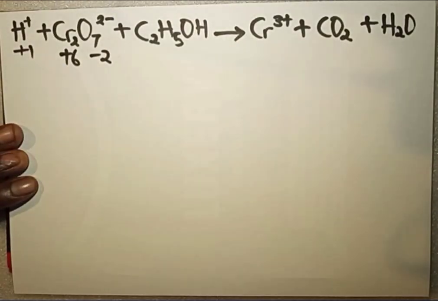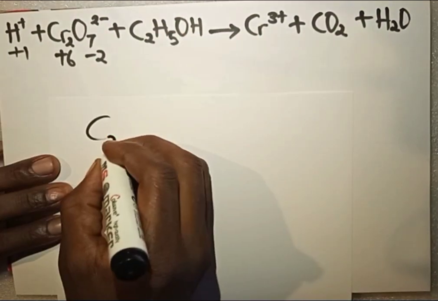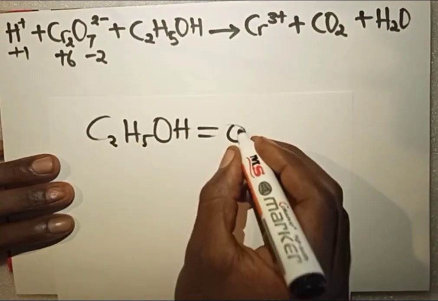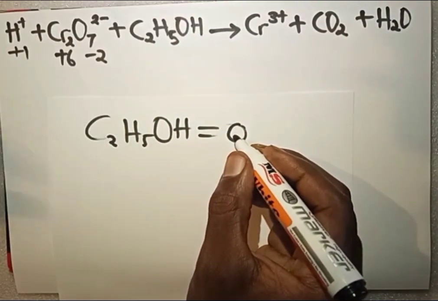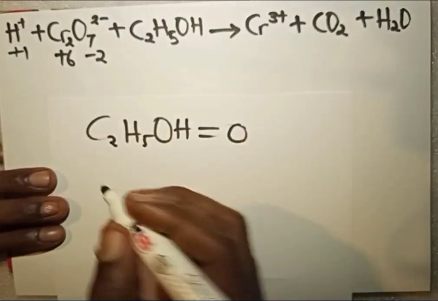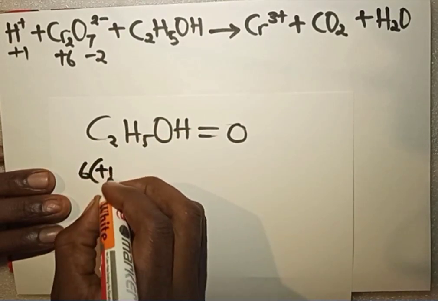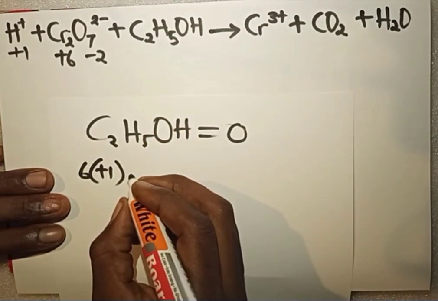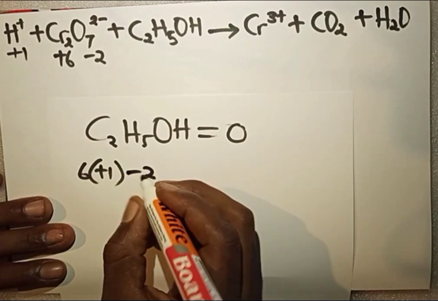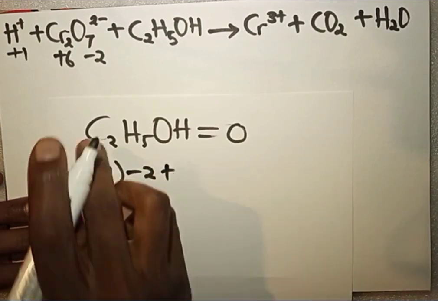What is happening here? The same thing. This whole compound has a sum of 0 because it is neutral, it does not have any charge. We have how many hydrogen atoms here? We have 6, 5 plus 1. The charge is +1. Then oxygen has a -2 in its compound. Plus, how many carbons?